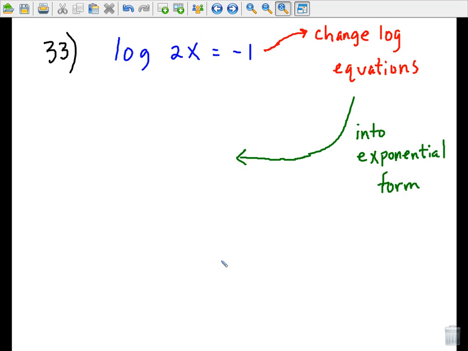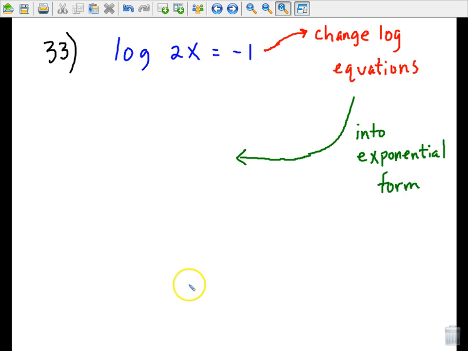So you guessed it. Now we're going to go in reverse. Log equations have to be changed into exponential equations. So it's just the reverse of what we were doing previously. So somebody give me the exponential form of that blue log equation.